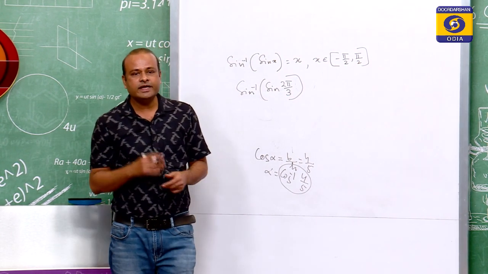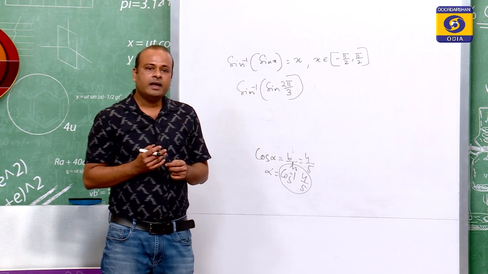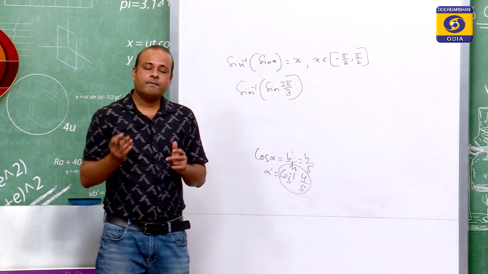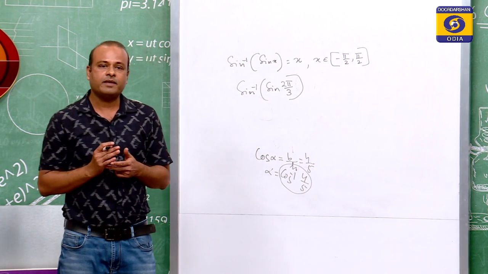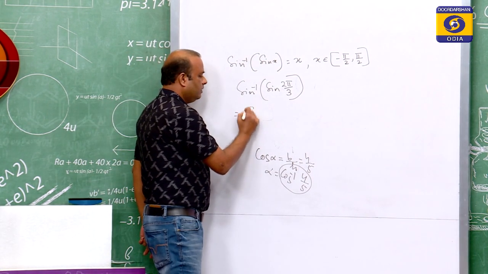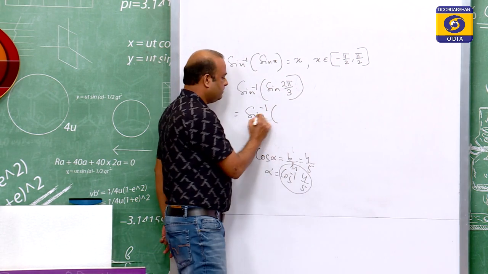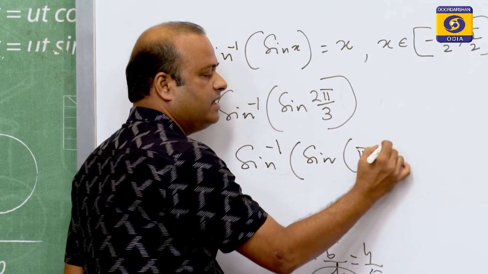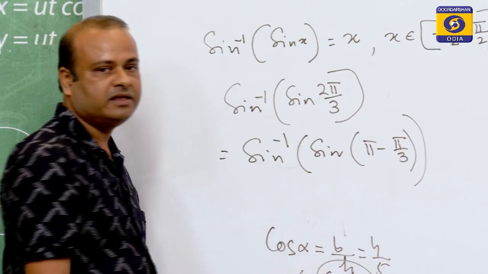So, you have to reduce that 2 pi by 3 to a value lying between minus pi by 2 to pi by 2, the closed interval of minus pi by 2 to pi by 2. So what to do? You have to write sin inverse sin of pi minus pi by 3. So here pi minus pi by 3 is 2 pi by 3.